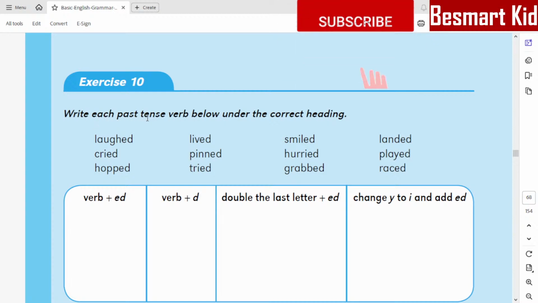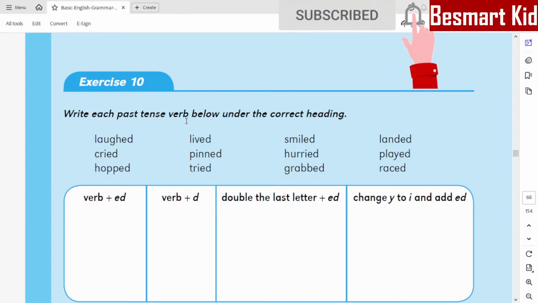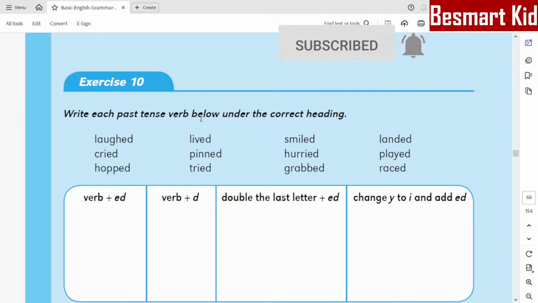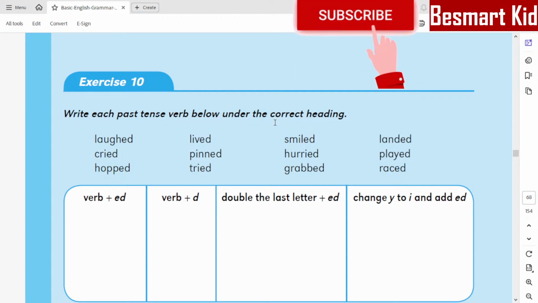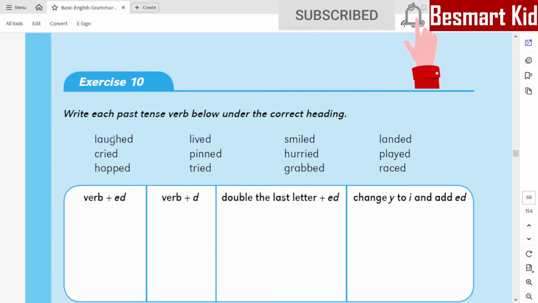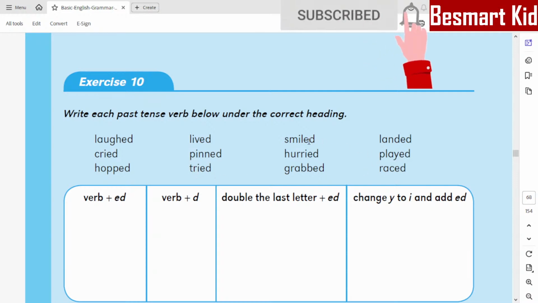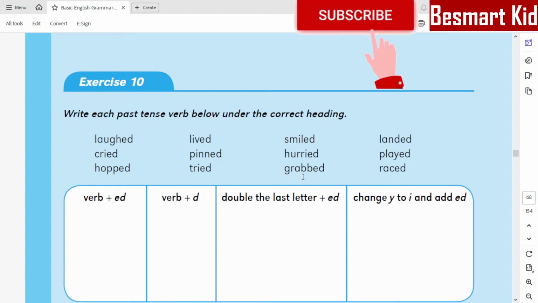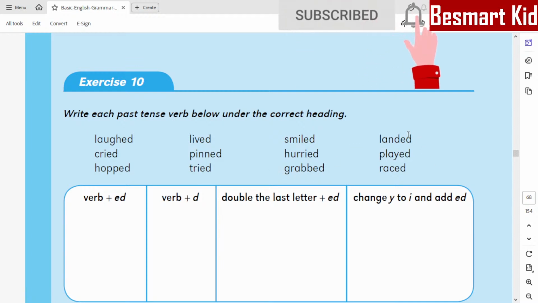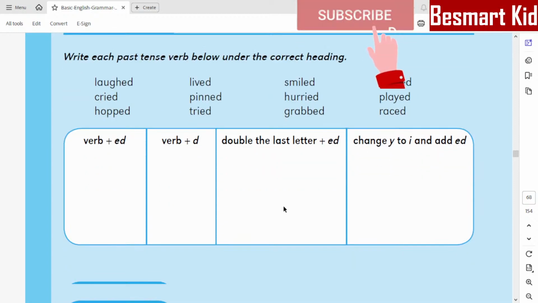Write each past tense verb below under the correct heading. Here we have laughed, cried, hoped, lived, pained, pinned, tried, smiled, hurried, grabbed, landed, played, and rest.